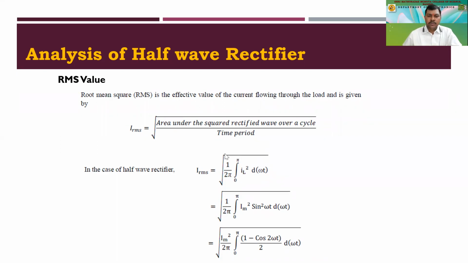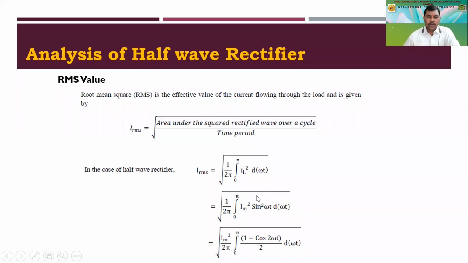Okay, so this will be the area under it. If you substitute the value of IL over there, we'll be having Im square sin square omega t d omega t, right?